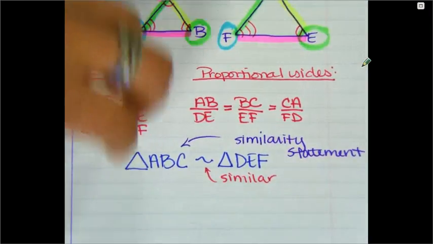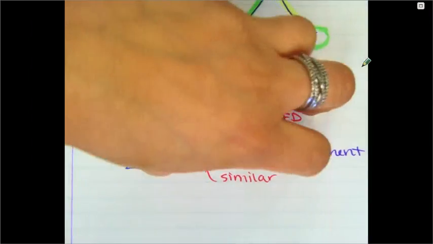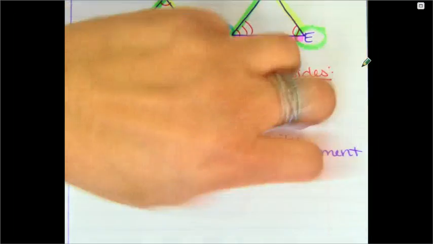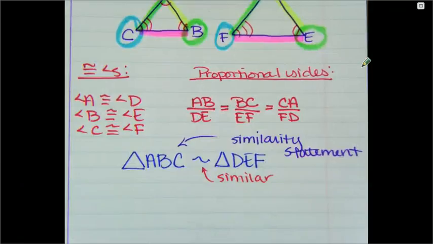Angles are congruent. Sides are proportional. Angles are congruent. Sides are proportional. You need to know that. Not like yesterday where sides and angles were exactly congruent. Okay? You now have proportionality.